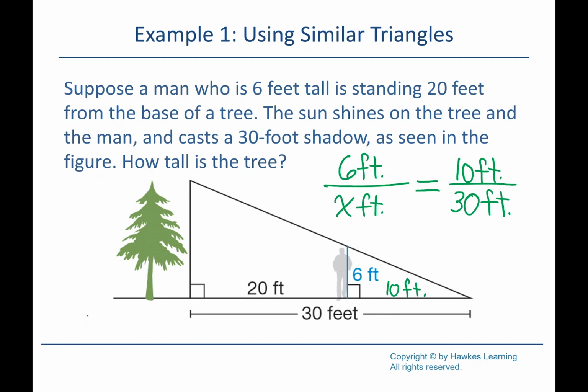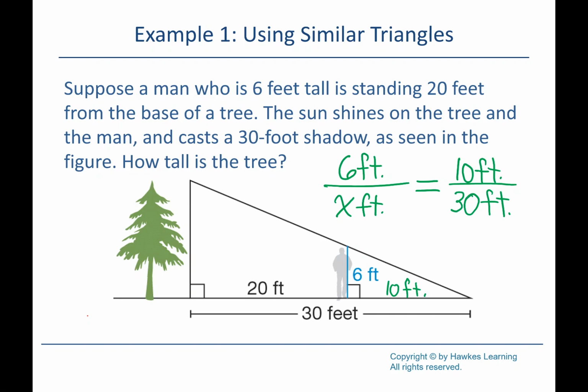Just take it a little step by step. All right. That's a similar triangle problem. There's not too many ways those can be thrown at you. That's the idea on those.